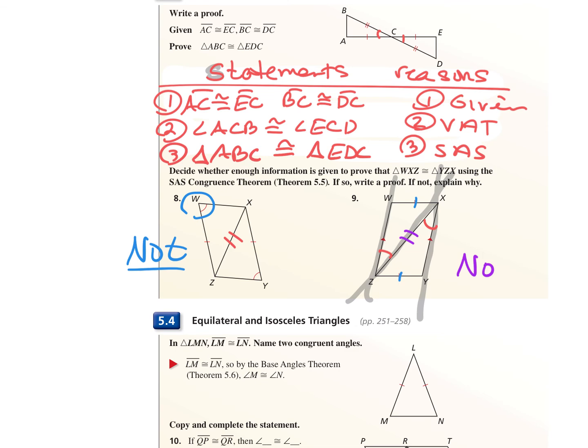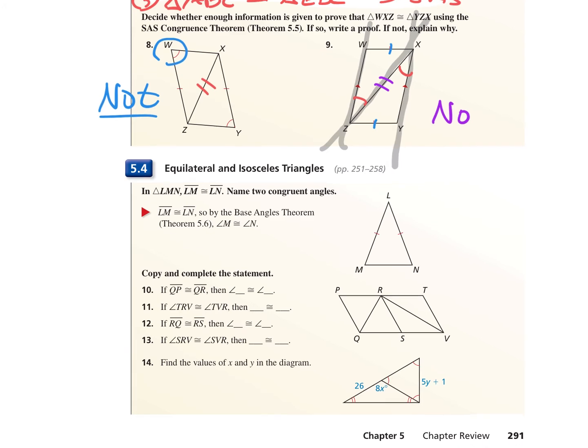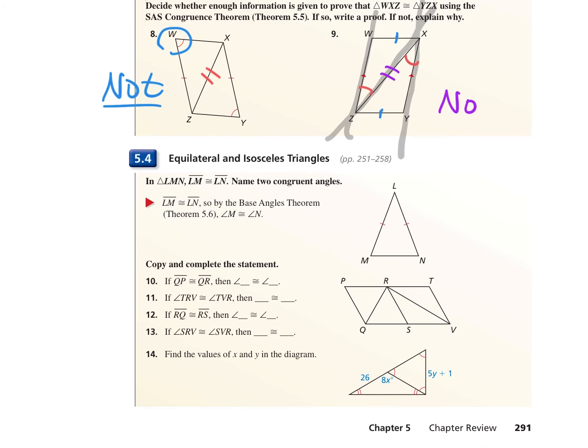All right, so for here, isosceles and equilateral. If you get questions where they ask you to fill in things, here, if QP is congruent to QR, notice this is now a little isosceles triangle.